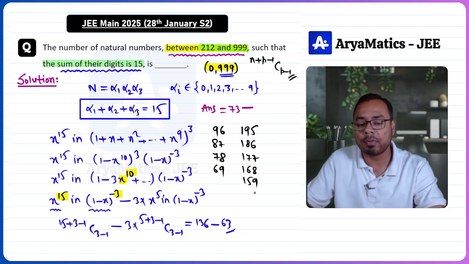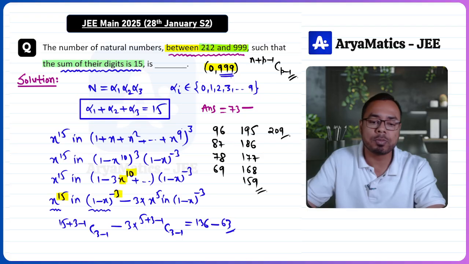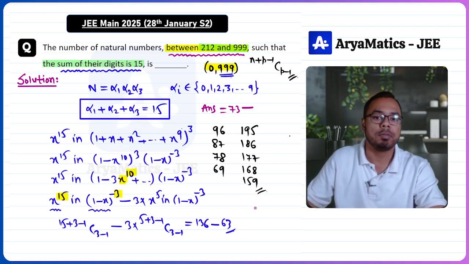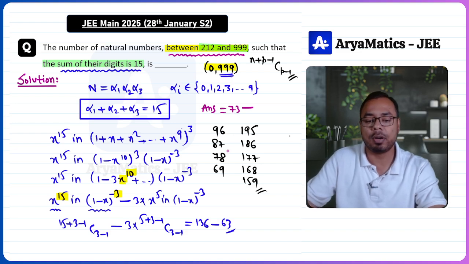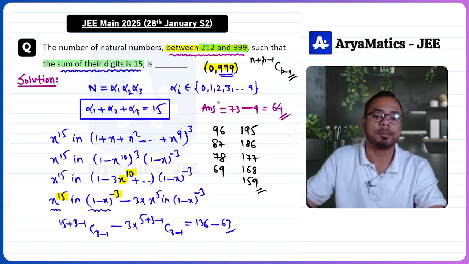If I have 1, 4, again you cannot get a sum of 15. And if I talk about 200-something, the biggest sum you can create is 209, right? We can count all the numbers more than 212. So these are the only numbers which are smaller than 212. So in total 73 we got, and 73 minus these 9 cases. Therefore, there will be 64 numbers in that interval such that the sum of their digits will be 15.